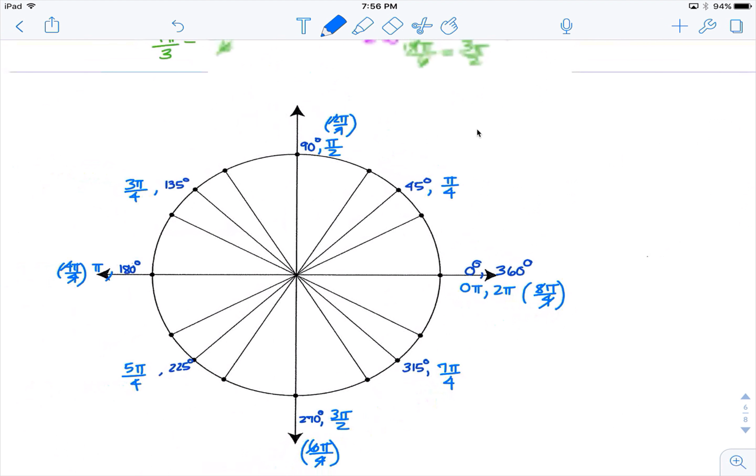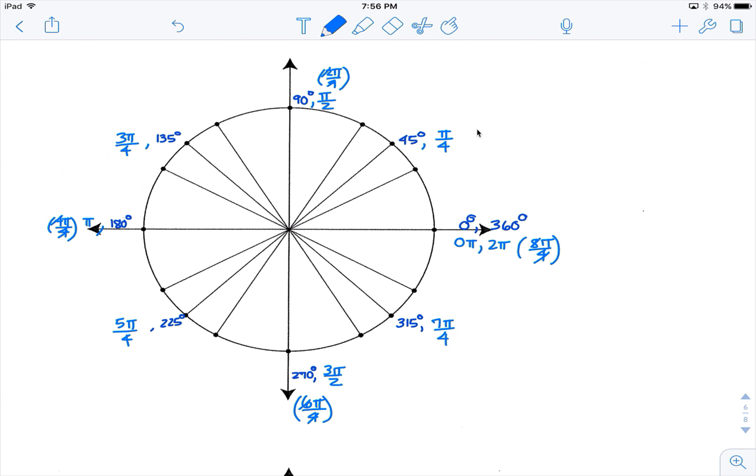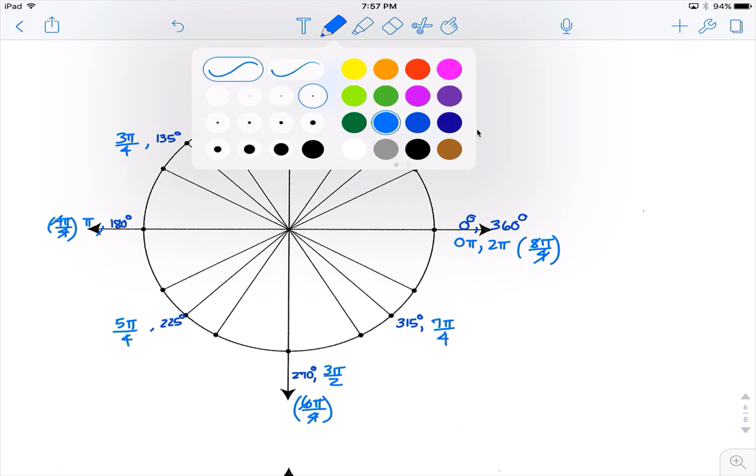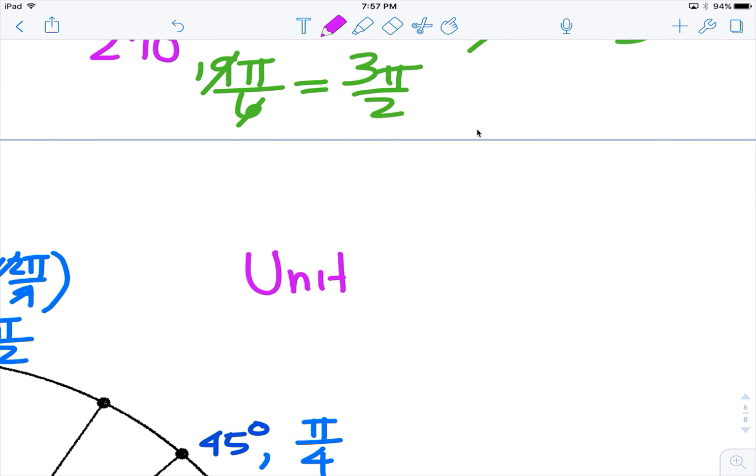Okay, so that's exactly the same information that we went over in the previous one, but now we only have the multiples of 45, and now we're going to find x and y coordinates for those points on our unit circle. So this is based on a unit circle having a radius of 1. That's really important to remember.